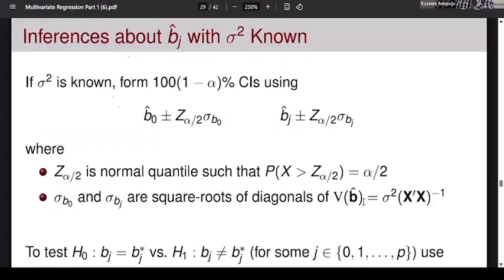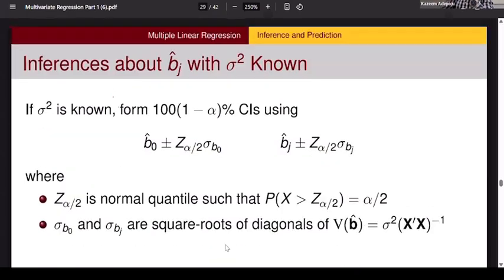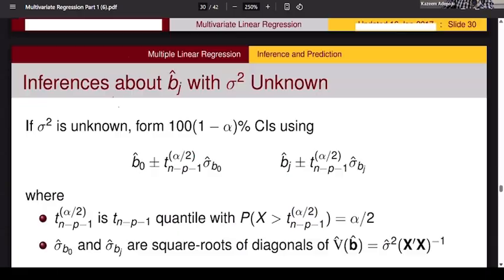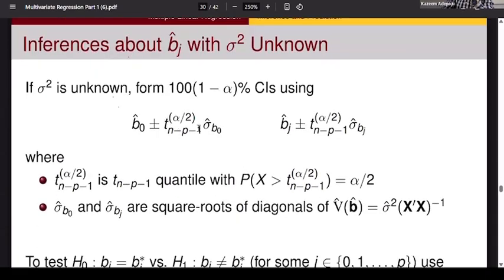I remember I walked you through how to construct a confidence interval for the regression parameter when the variance is known, where you see a z-score, and when the variance is unknown, you see a t-score.